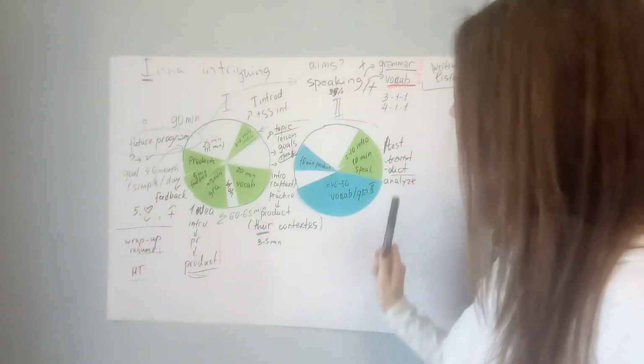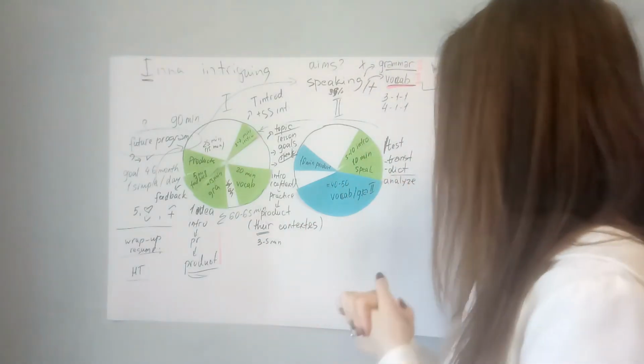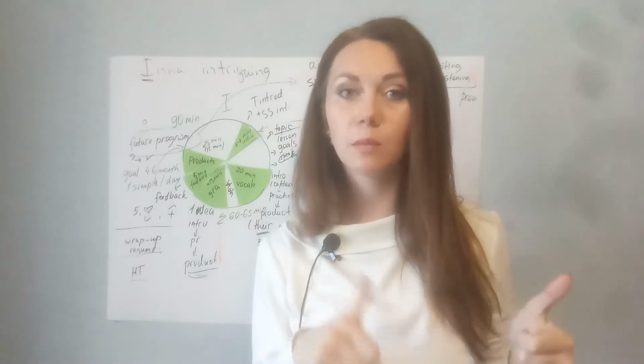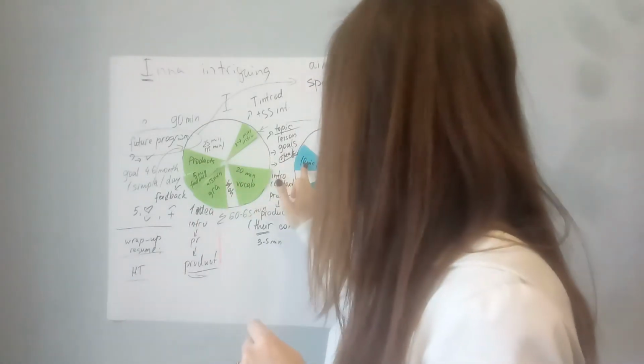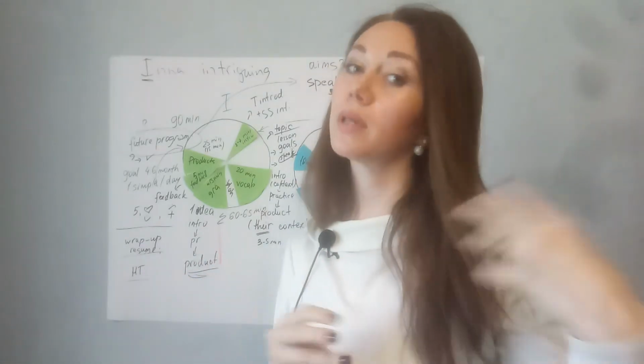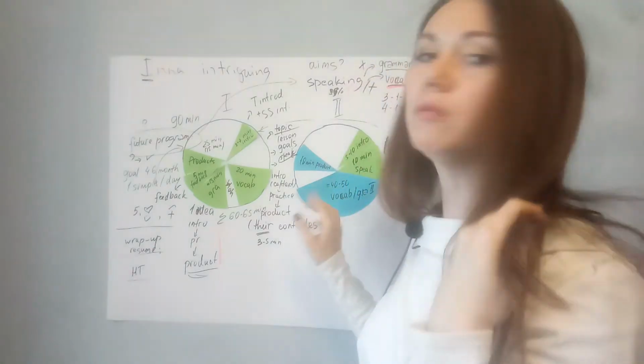So you say, okay guys, today we have learned these 15 new vocabulary items, but let's remember what kind of grammar we learned in the previous lesson, and let's combine. And here you give them some kind of speaking activities where they will have to use the grammar learned in the previous lesson and some new vocabulary combined.